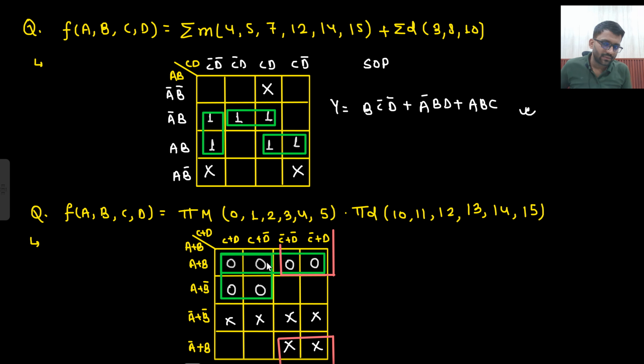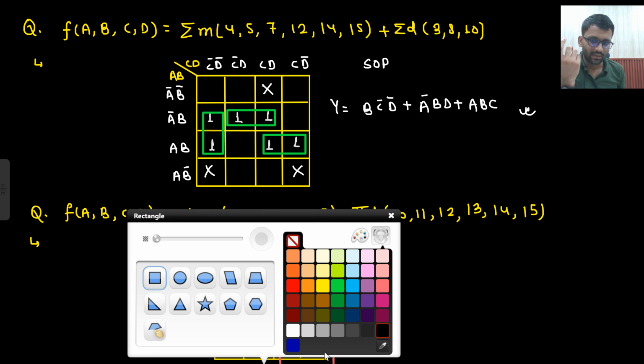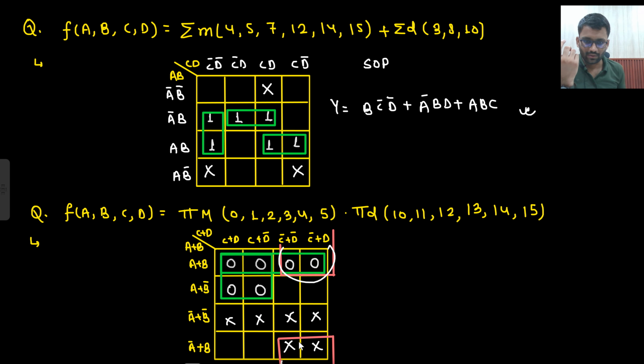Basically, I would take this 4 block and these two zeros will be paired with these two don't cares. So again there are 2 blocks only, one quad and another quad. Or I could have taken one quad and then this quad. All zeros are captured.